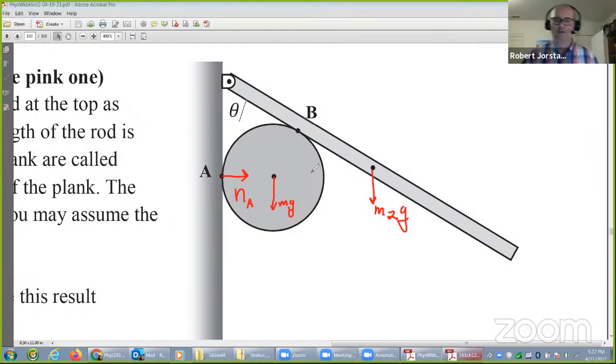All right. What's another force? The normal force of the plank on the ball. Which way does that push? Wouldn't it be towards the center of the ball? Exactly. And so this is basically one of the tricks I wanted you to see. Notice the normal forces, whether from the wall or the plank, tend to point directly towards the center of the ball.